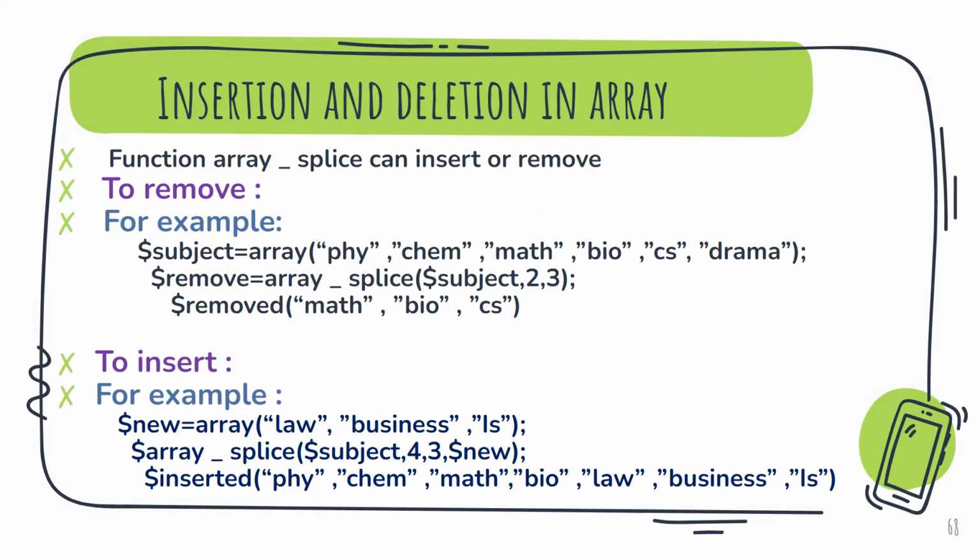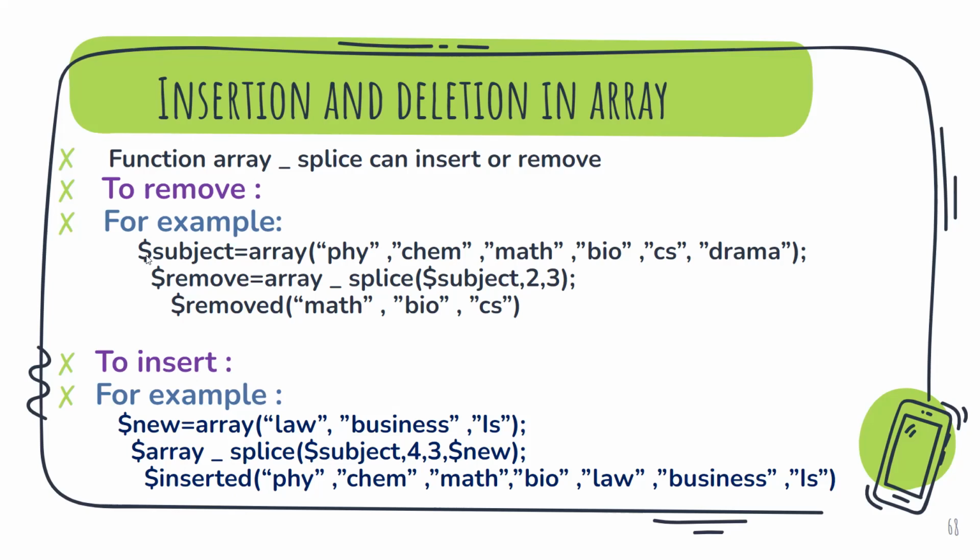What this function does is it takes an array variable as parameter, and it also takes the beginning index, and the length, and also it takes another array variable which is totally optional.